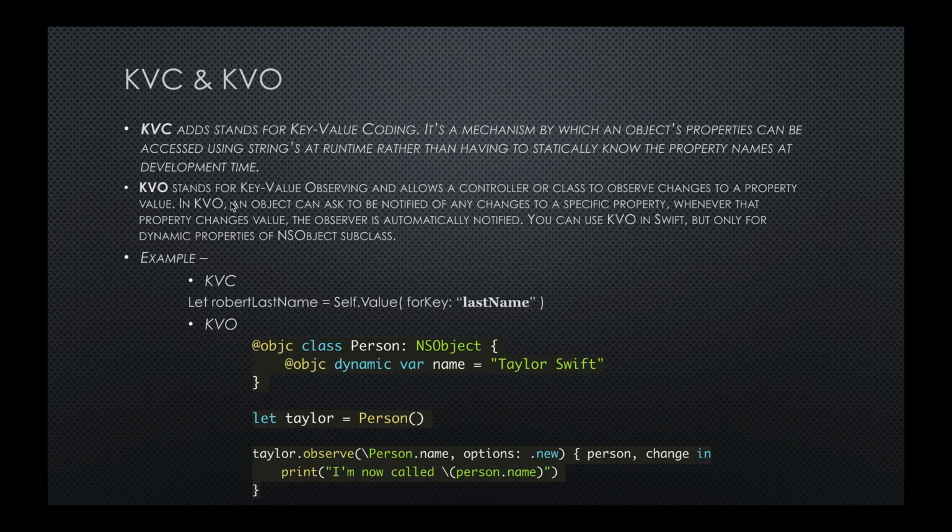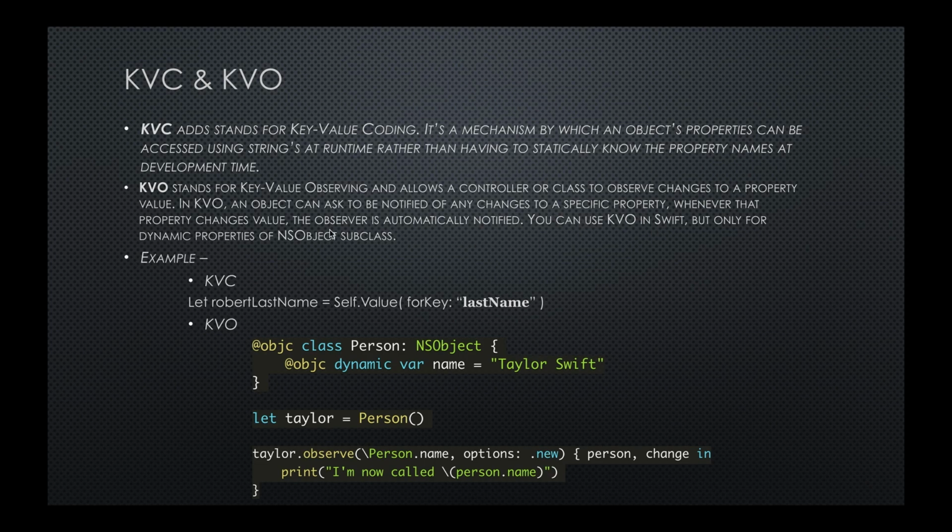KVO is very interesting. This stands for key value observing. Let's just read it. KVO allows a controller or class to observe changes to a property value. In KVO, an object can ask to be notified of any changes to a specific property.